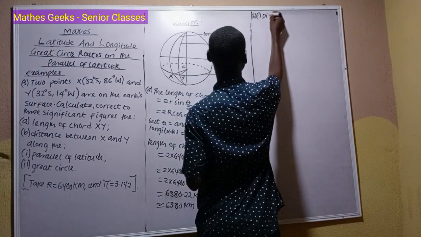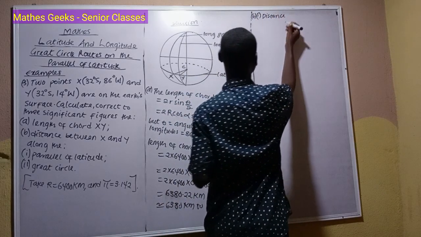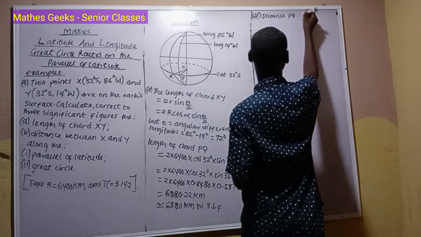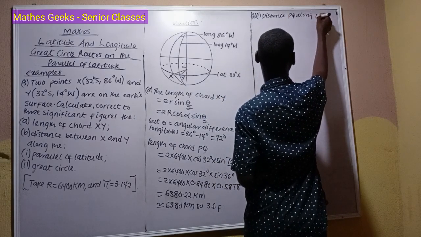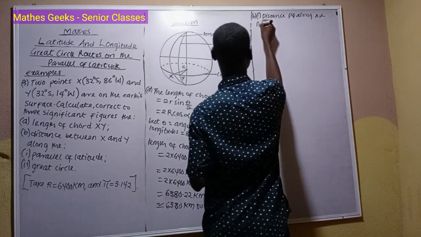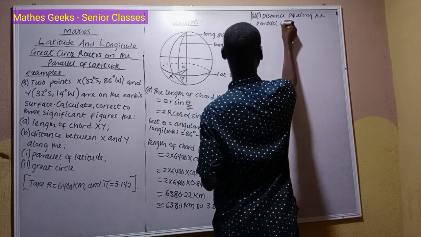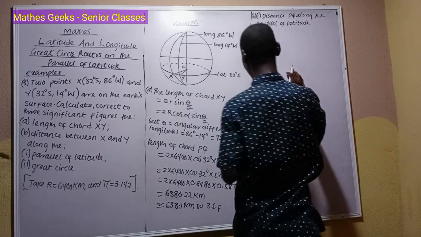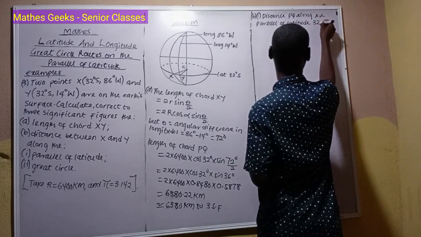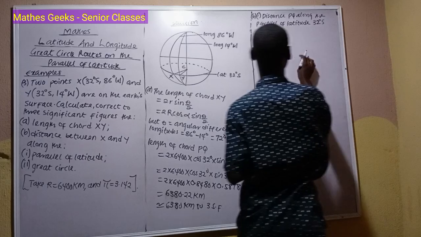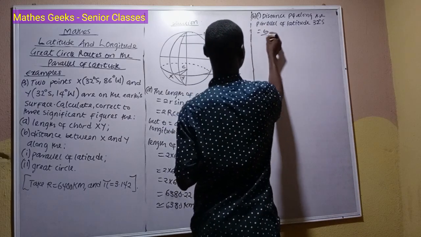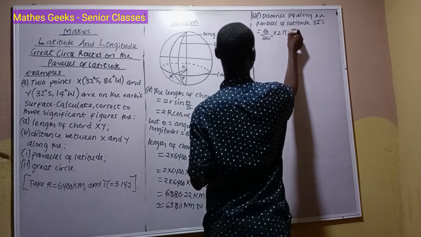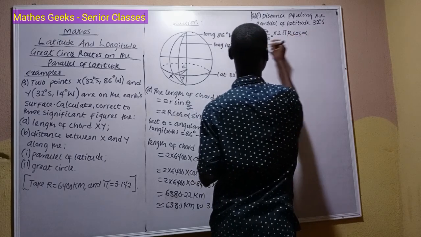The distance XY along the parallel of latitude 32 degrees south is equal to theta over 360 degrees times 2 pi r cos alpha.